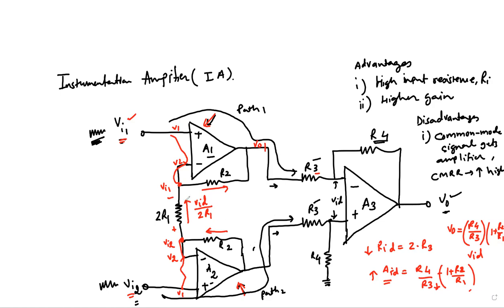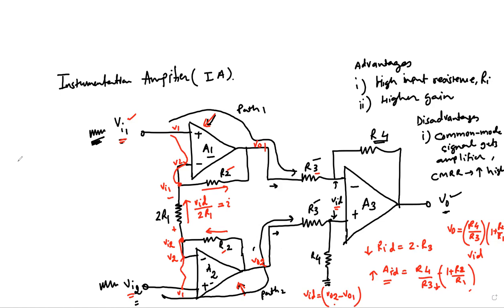So the current flowing through 2R1, the current flowing through R2 right over here, and the current flowing through R2 right over here is nothing but VID over 2R1. And the voltage that gets developed at this terminal is VO2. What we have here is that VID is nothing but VO2 minus VO1.